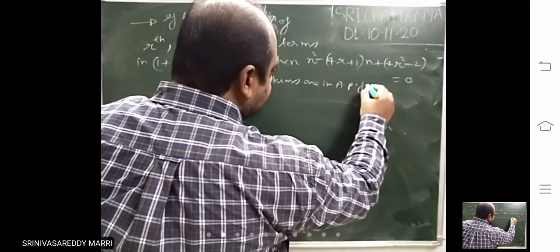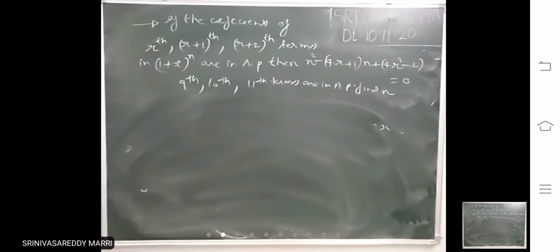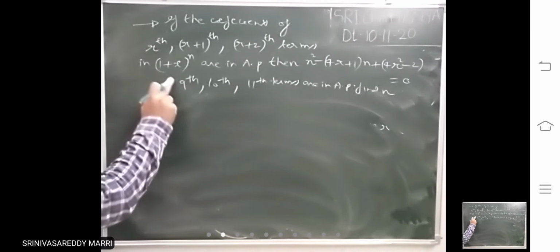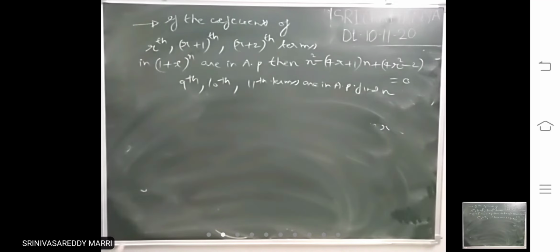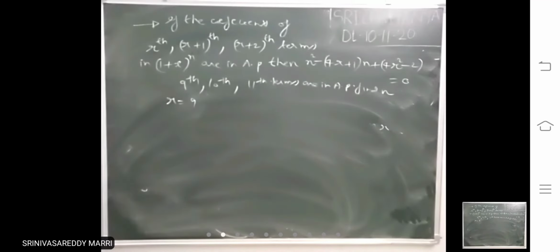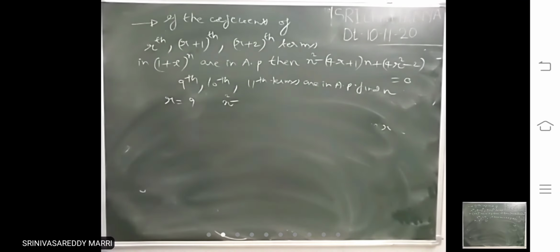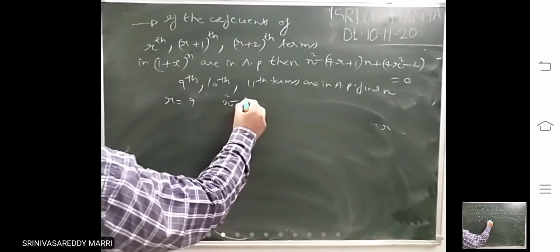Find n. Instead of doing all those things, if you remember this formula, it will become easy. Here r is 9, so directly substitute r equal to 9.